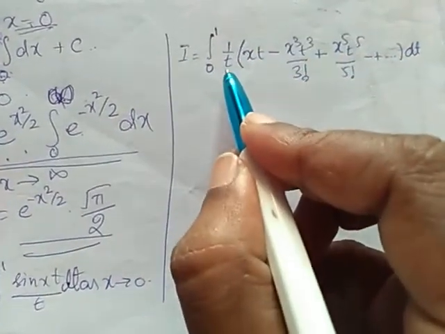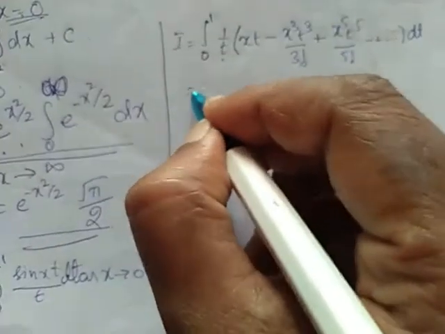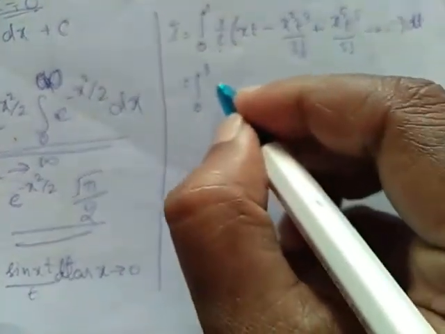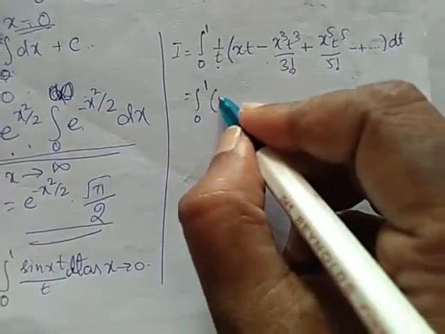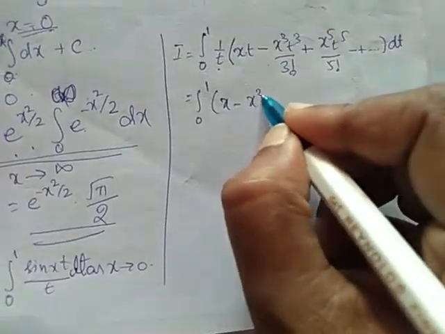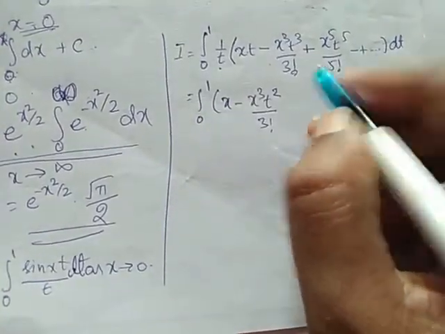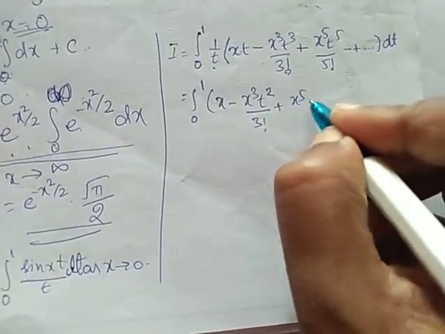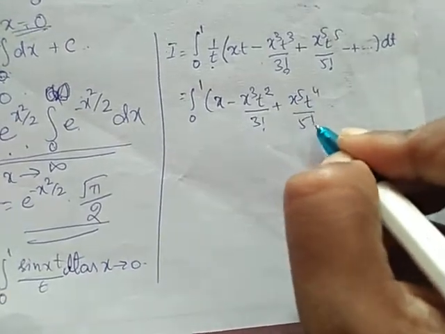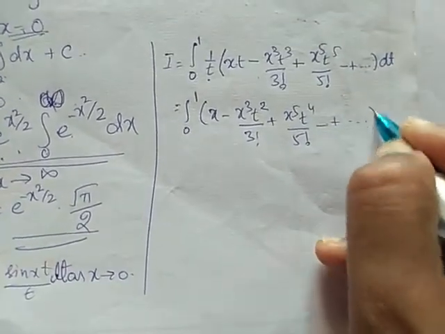When I multiply 1 by t inside, I will get the integration between 0 to 1, t will get cancelled: x minus x cube t square by 3 factorial plus x power 5 t power 4 by 5 factorial, etc.